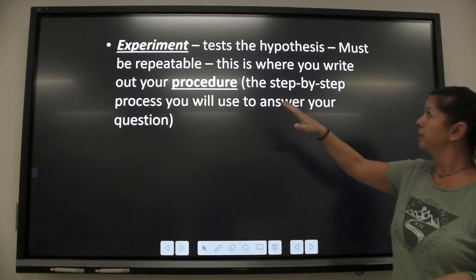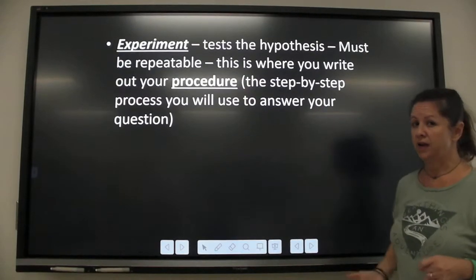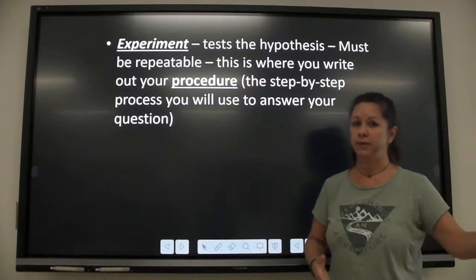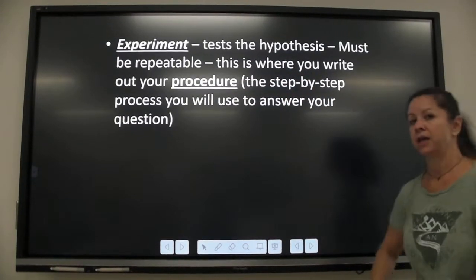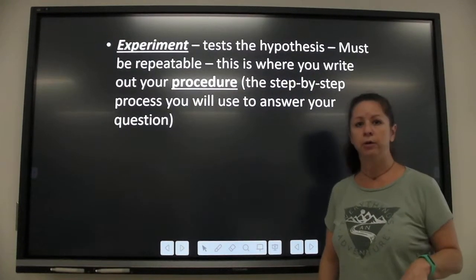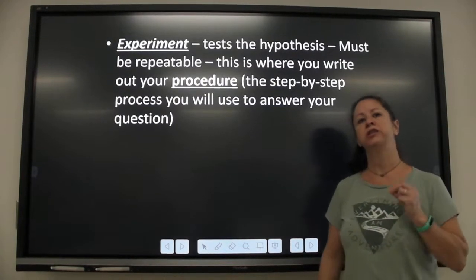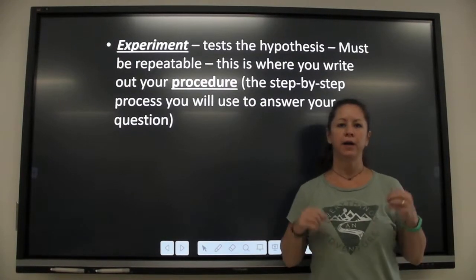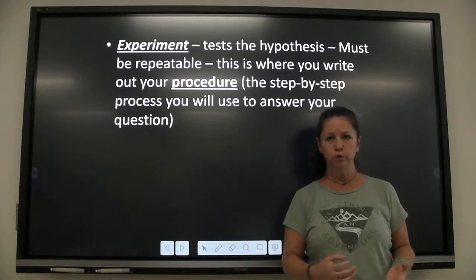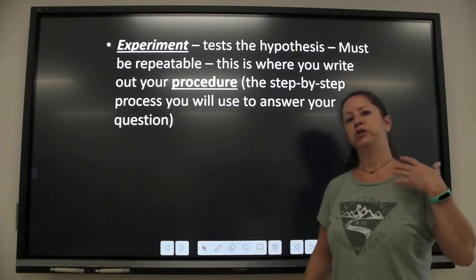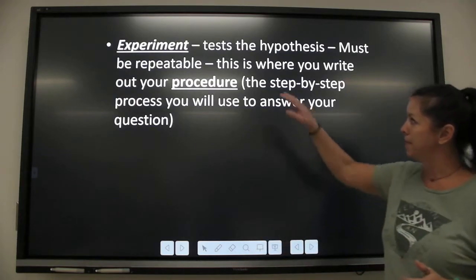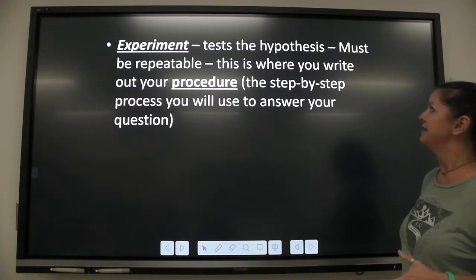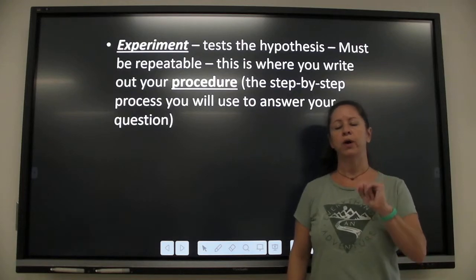So your experiment would be to study every night and see if you make better grades. This is what tests the hypothesis. It must be repeatable. You have to be able to do this over and over again so that you can see if you get the same results every time. And this is also where you would write out your procedure.